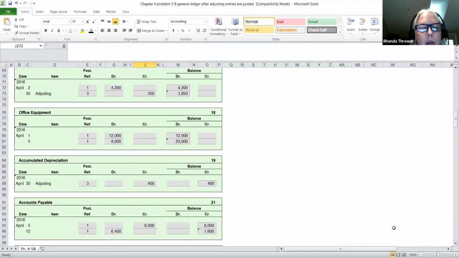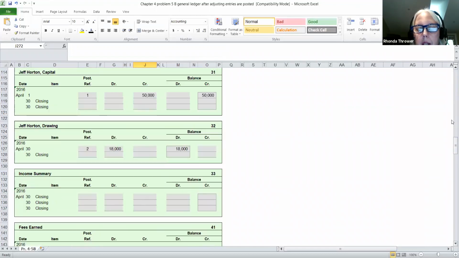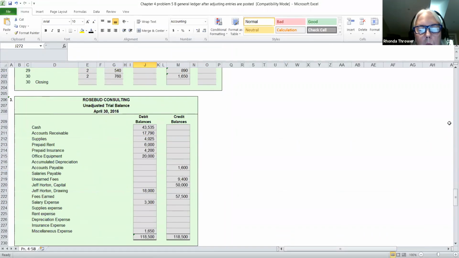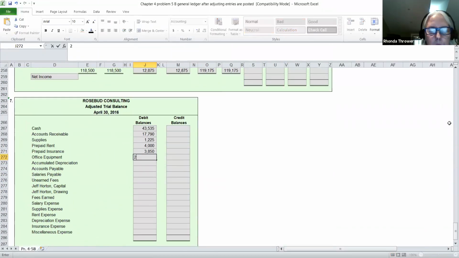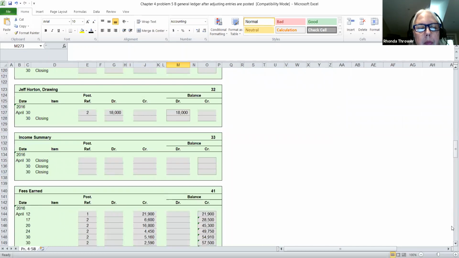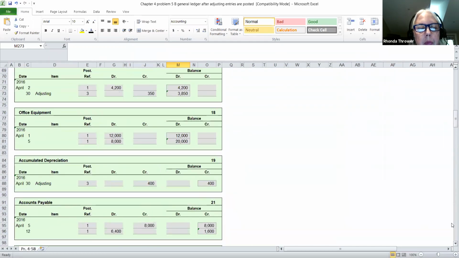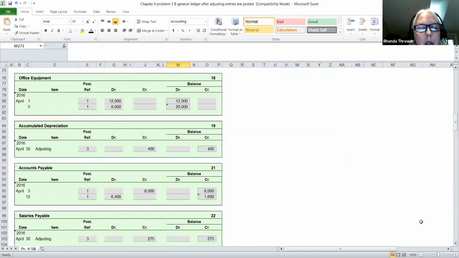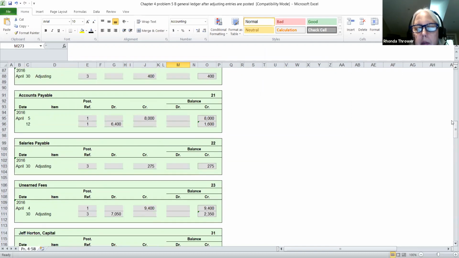The next account is office equipment, and it's got a balance of $20,000 that we're going to bring down. And then we're going to look for accumulated depreciation, which will have a credit balance. Accumulated depreciation has a credit balance of $400.